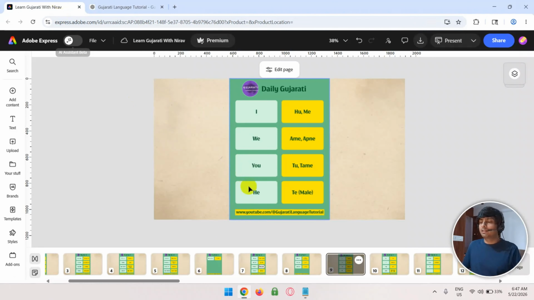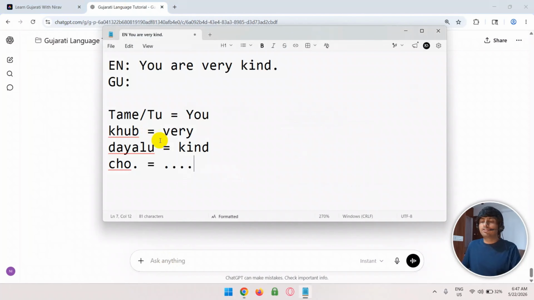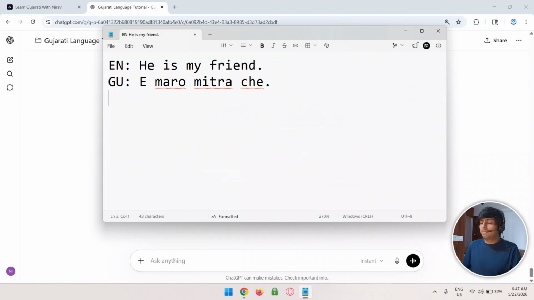The very next is he. Some sentences or words ChatGPT understands easily. So if you see here, I am not giving the meaning and am straight away giving which sentence I need for which word. He is my friend.